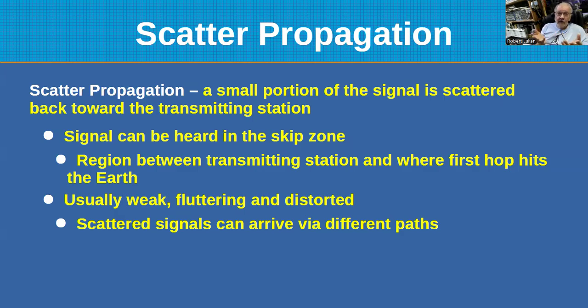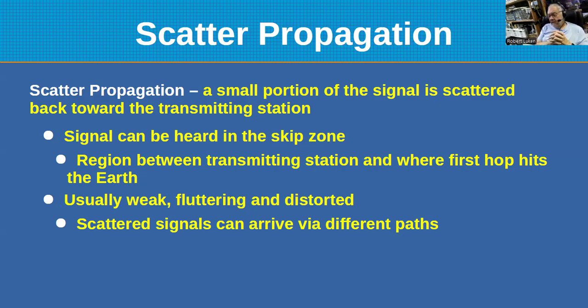So you can have what's called backscatter coming back to you. You can have some forward scatter where it's kind of hitting that particle like it would the ionosphere and be reflected at a forward angle. So you can actually get communications through what's called the scattering effect.